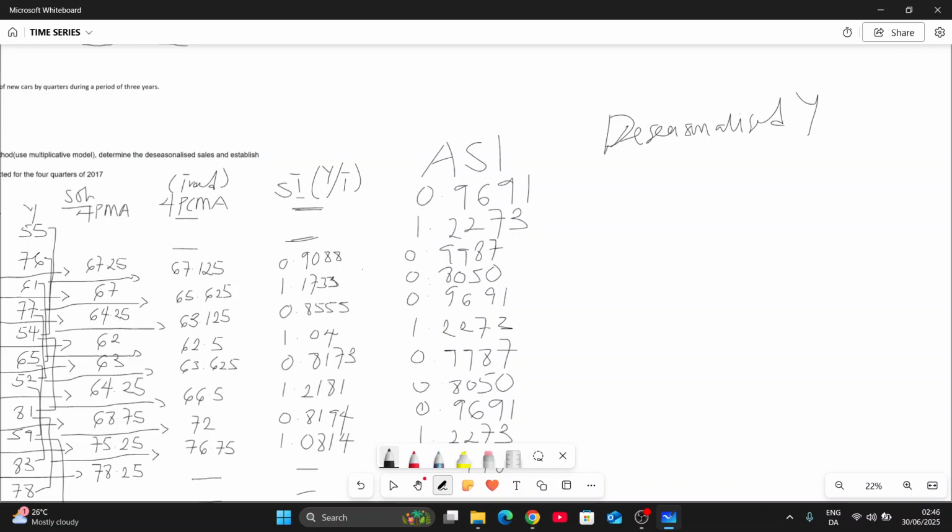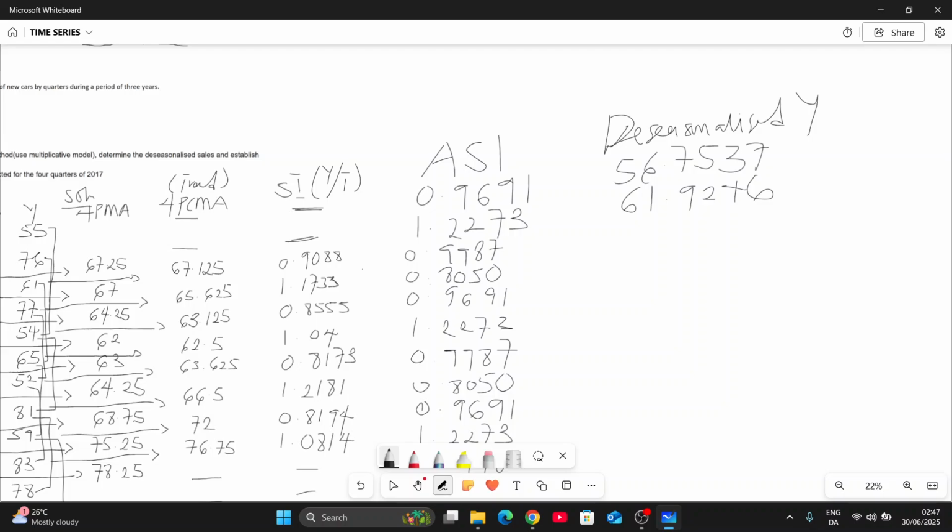So the first one was 55, divided by 0.9691, which is giving us 56.7537. The second one was 76, divided by 1.2273, giving 61.92446.